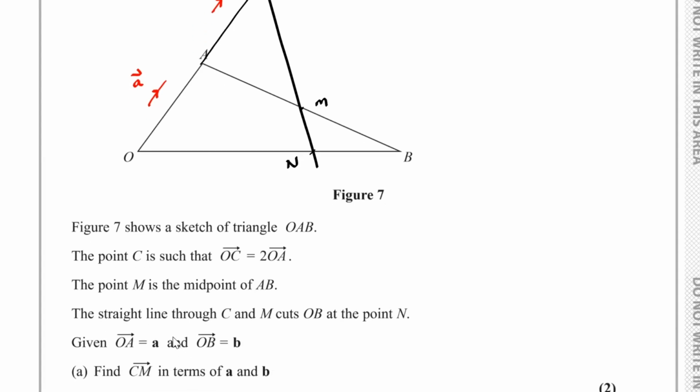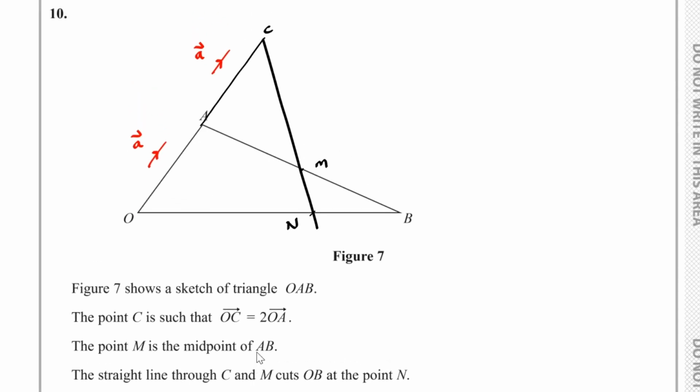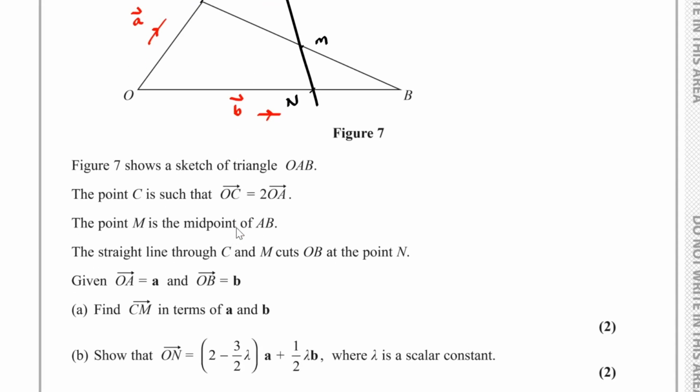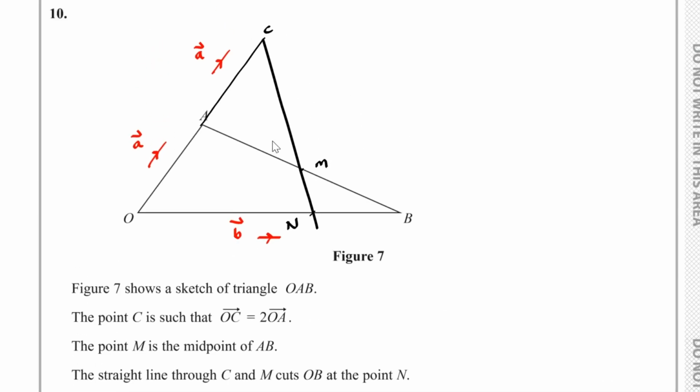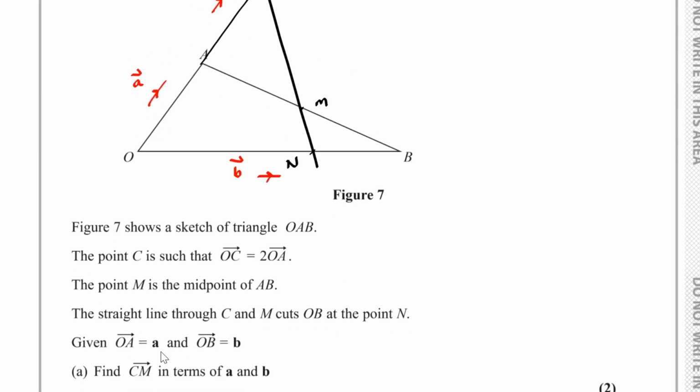And we've also got the vector OB, which is equal to b. Perhaps if we write this over here, it might make it a bit more clear. And in this question for part A, we have to find the vector CM in terms of a and b.